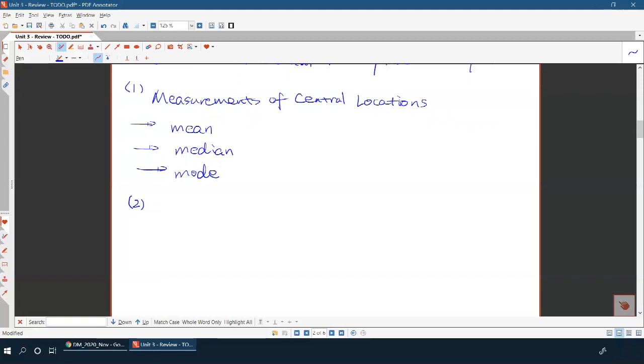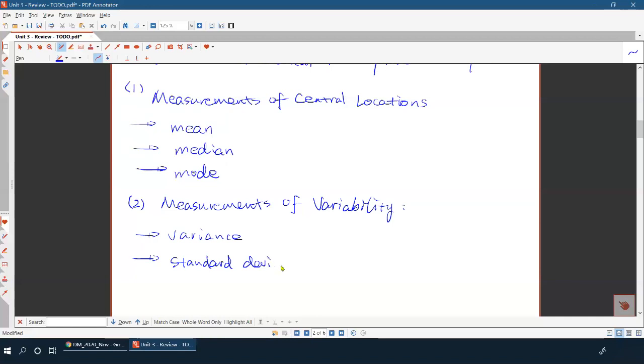Okay, the second category is the measurements of variability, which include variance, standard deviation, range, and coefficient of variation.